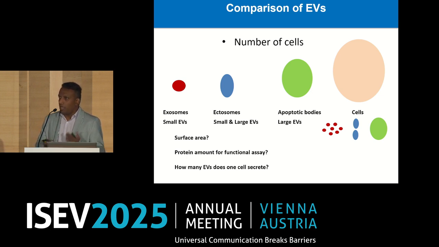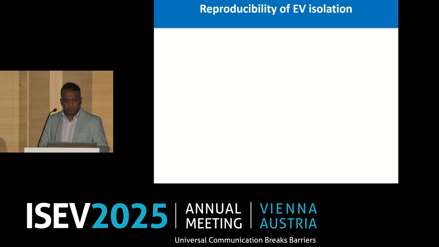So you need to be mindful about what you're putting in there. And also you need to understand how many EVs one cell secretes to answer these questions even better. And that can be done, again, it is variable by cell, and every cell secretes in a different way.